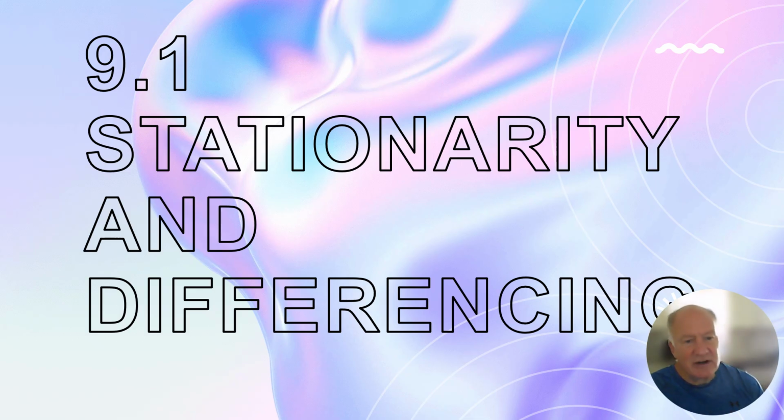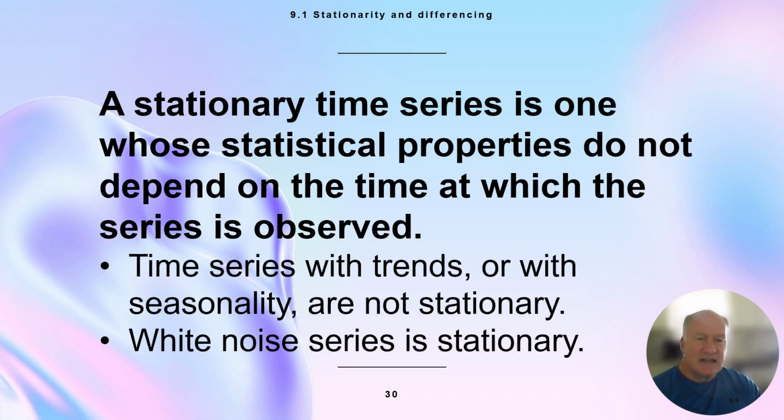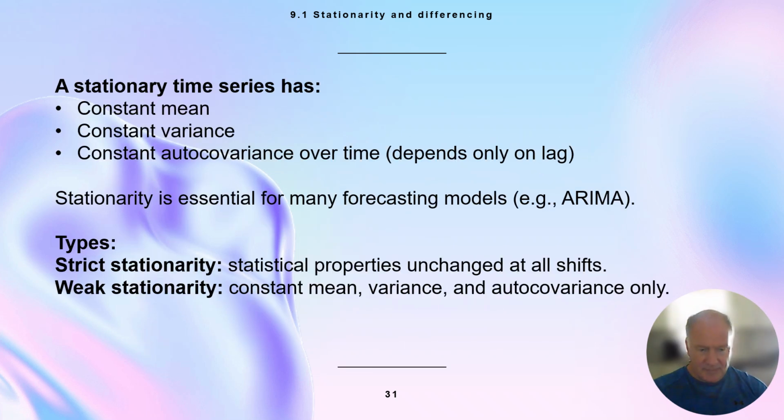We mentioned stationarity and differencing. A stationary time series is one whose statistical properties do not depend on the time at which the series is observed. So time series with trends or with seasonality are not stationary, and white noise series are stationary.